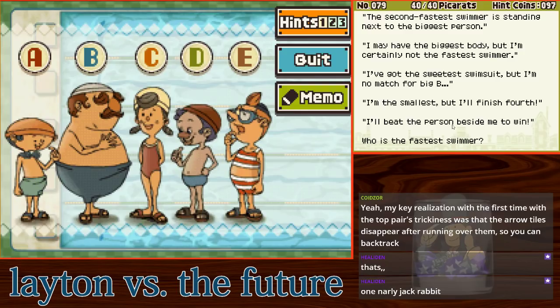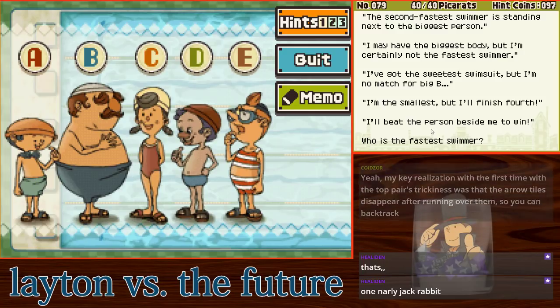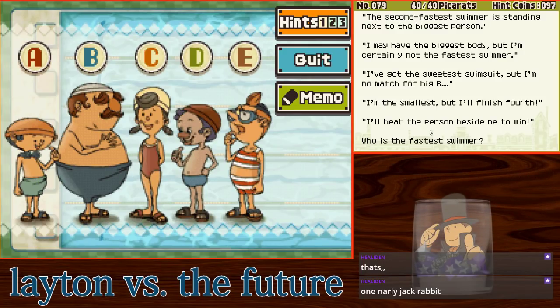You don't even have letters here. Yeah, no, that's part of the trick. Okay, so the biggest body line is certainly B. Yes. The smallest will finish fourth, so it's not A or B. The smallest is A. Right? And, well, it could be C, D, or E with the last statement.